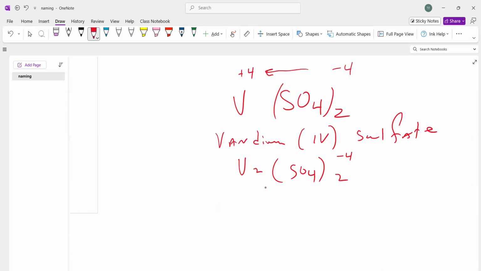And that means we have two vanadiums. Yes, so the vanadium now is vanadium 2 because there's two of them. 2 times 2 is 4. Don't you wish all the math was that hard? 2 times 2 is 4. So it's going to be vanadium 2 sulfate.